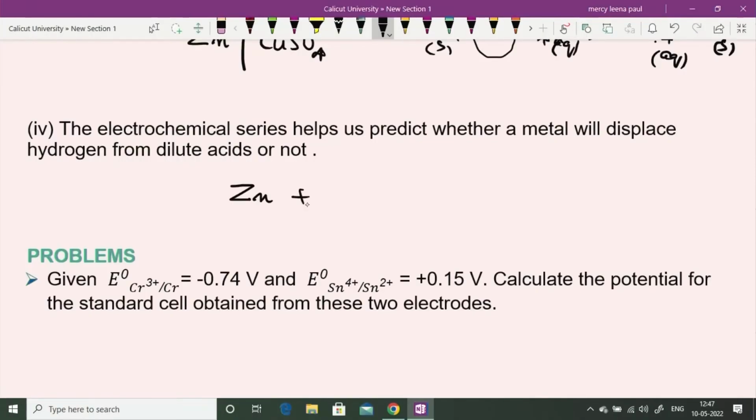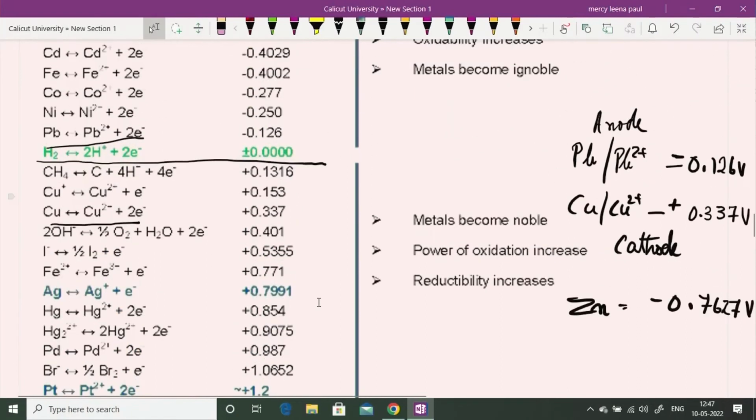For example, if I put zinc in dilute HCl, you get zinc chloride plus hydrogen gas evolved. Now, why does zinc give hydrogen, or you can say that zinc is displacing hydrogen from HCl? You just check with the electrochemical series.